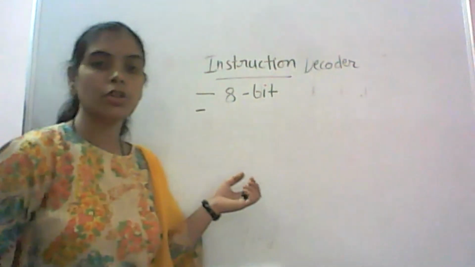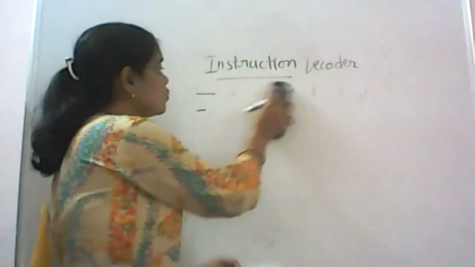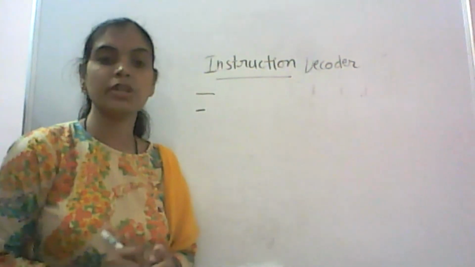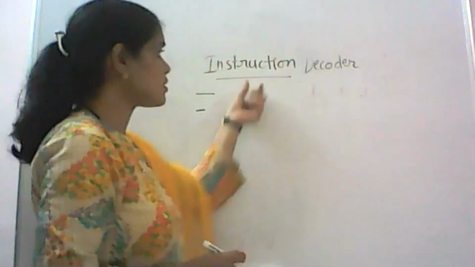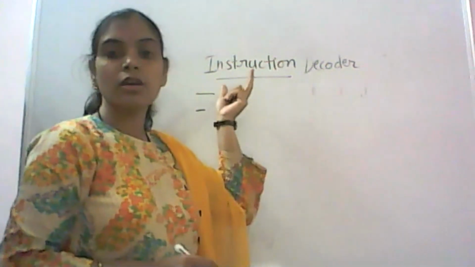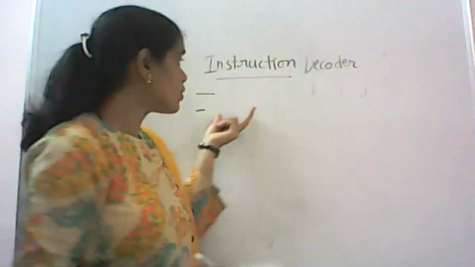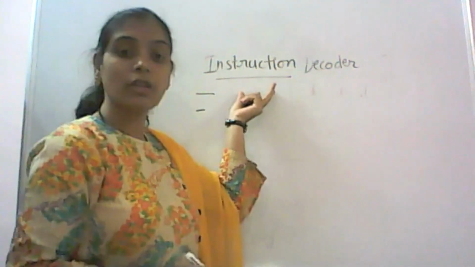This instruction decoder, this unit decodes the instruction stored in the instruction register. Instruction register में जो भी इंस्ट्रक्शन है उसे डिकोड करने के लिए कहाँ पर स्टोर होगा? इंस्ट्रक्शन डिकोडर में.